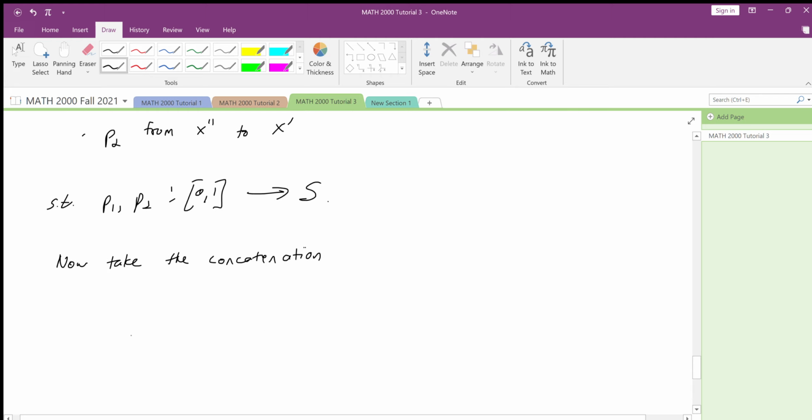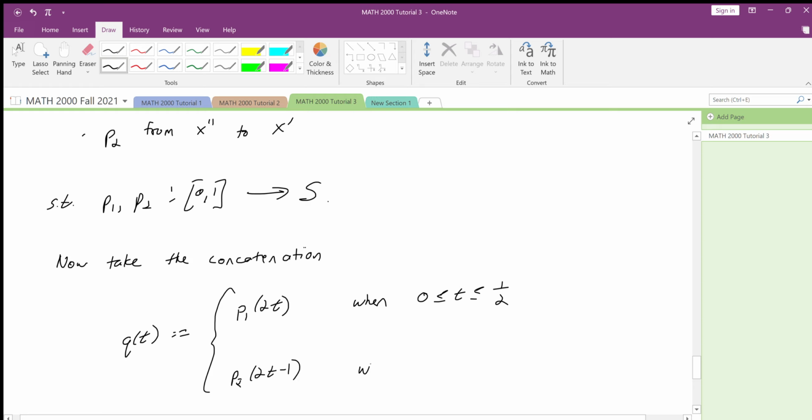So let's do that. Define path Q to be like this: P1 of 2t when t is from 0 to a half, and P2 of 2t minus 1 when t goes from a half to 1.